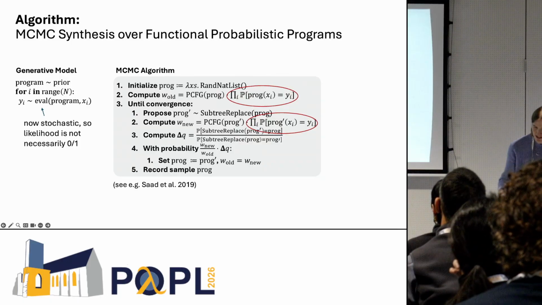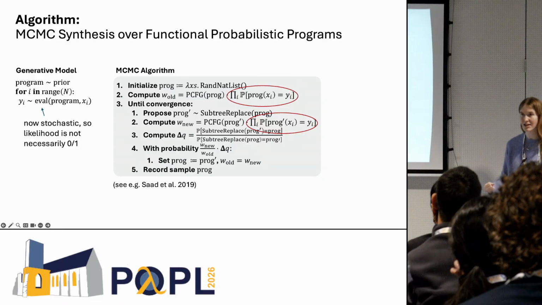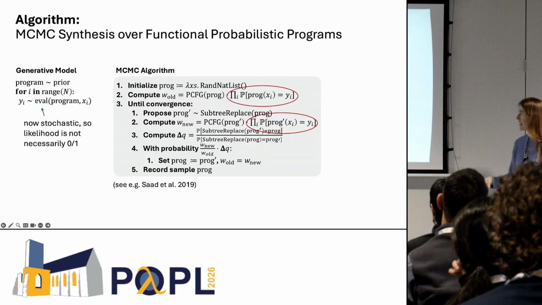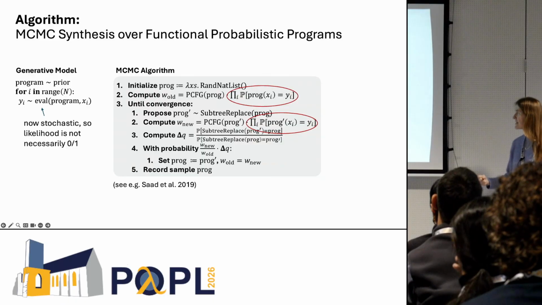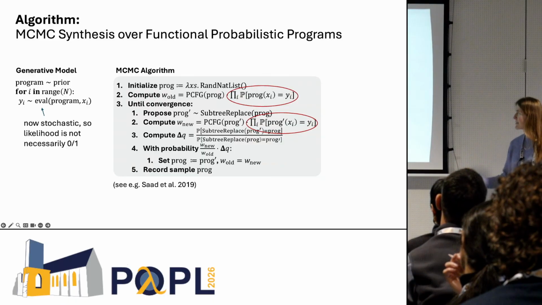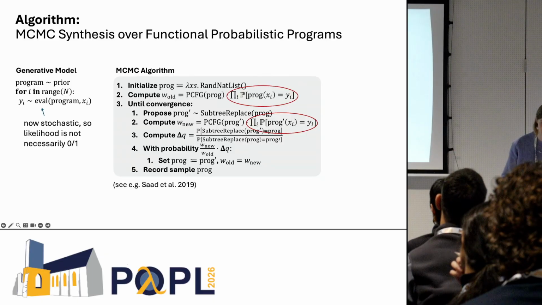And this itself is a hard inference problem because it involves reasoning over the deterministic logic within the program as well as the probabilistic parts. And these are recursive, sometimes higher order functions.